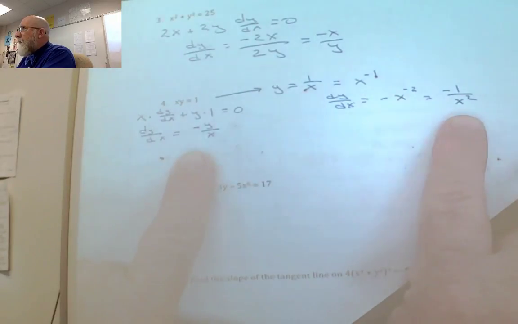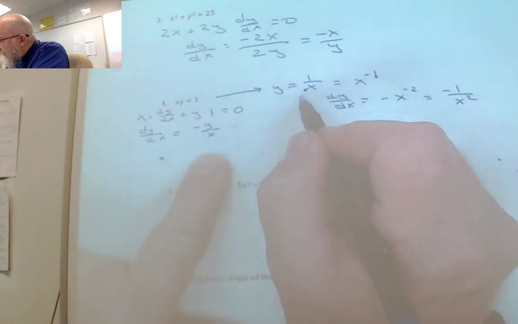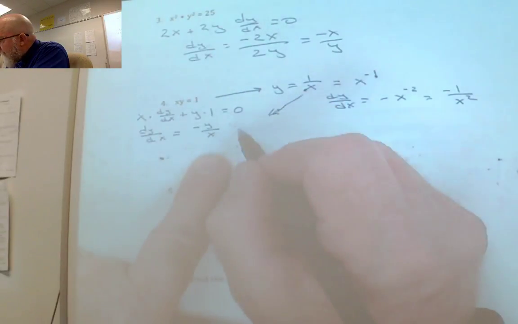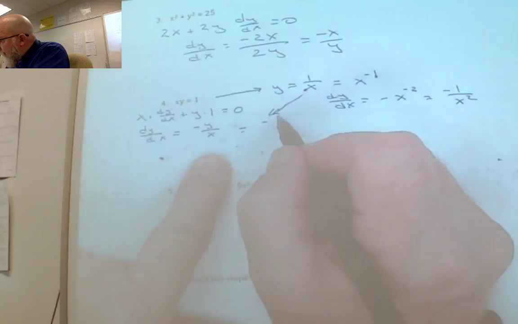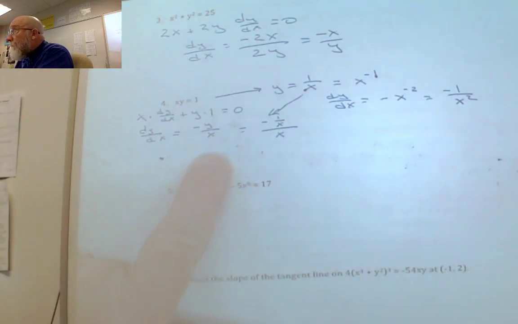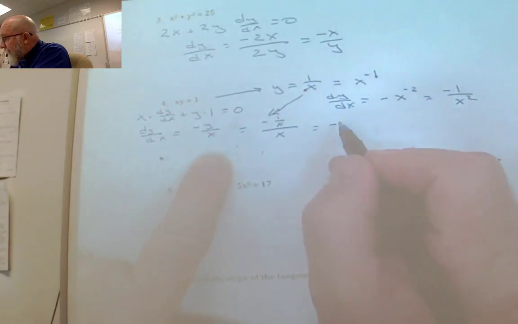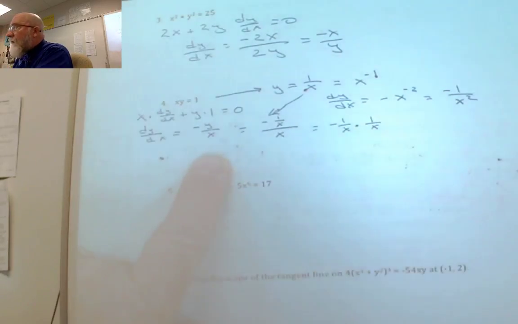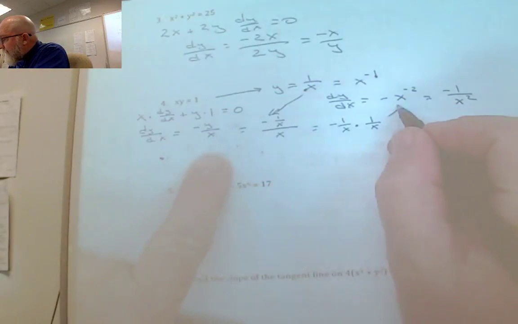Hillary, do I? Do I know what y is? So I could say this. I could bring this baby down and say what this is, a negative 1 over x, which is a negative 1 over x times the reciprocal of x, which is 1 over x, which is this.